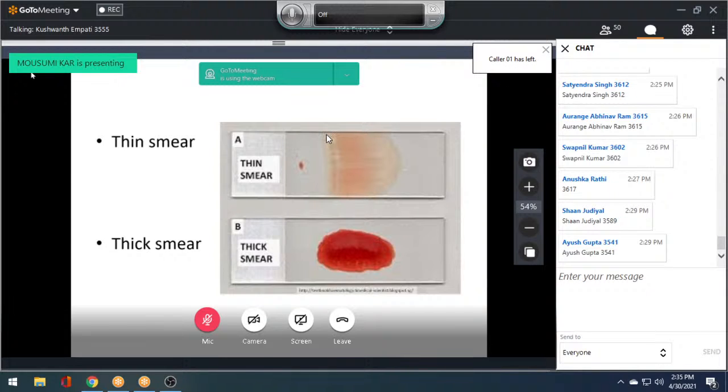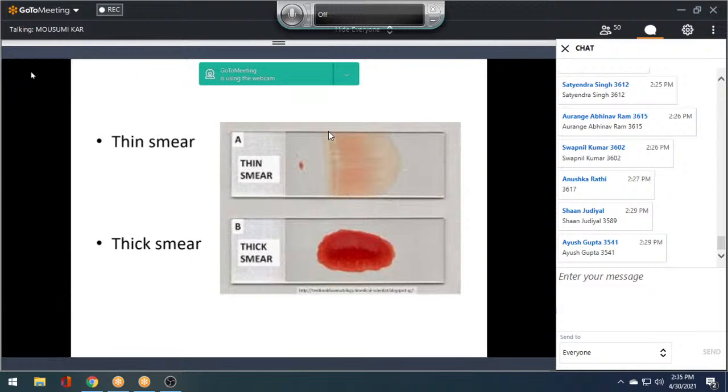Routinely when you think of a peripheral smear. Okay, very good. Routinely when you make a peripheral smear, do you make an A or a B? A. Very good. So you said malaria. So why would you make a B for malaria? Why can't you just make A and send? What is the advantage? Do we need a B or is A enough?